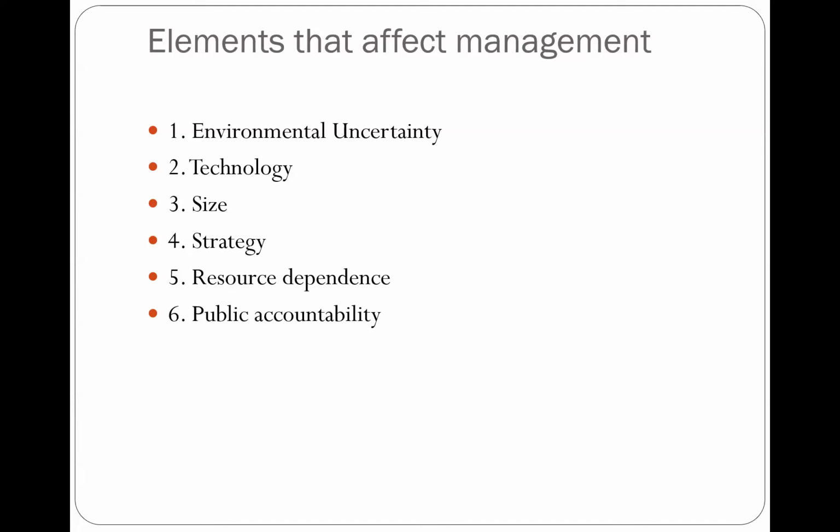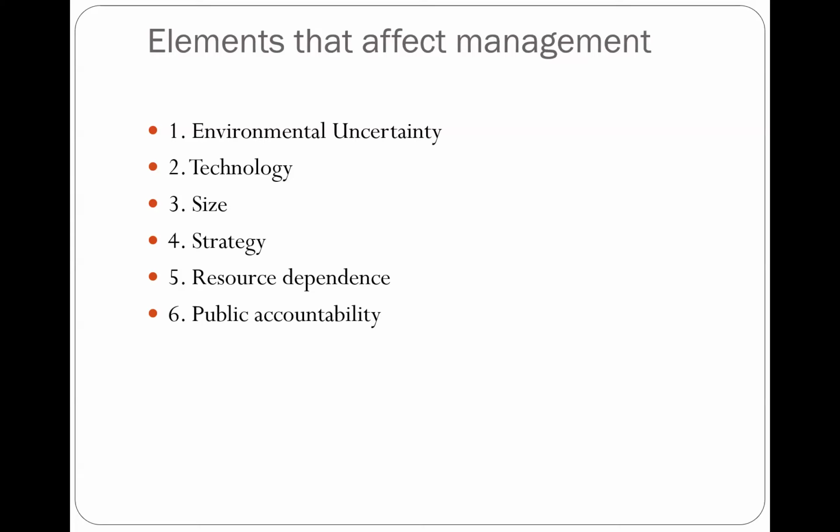We saw that in the May revise, that people were waiting with bated breath for that May revise to see how much revenue we were actually going to get as a state, and what the implications were of getting less revenue than what we thought we were going to get back in January when the governor's budget was first prepared. So again, that's just one example of that uncertainty, but it could be political uncertainty. Any type of uncertainty in the environment can have an impact, obviously, upon the organization.